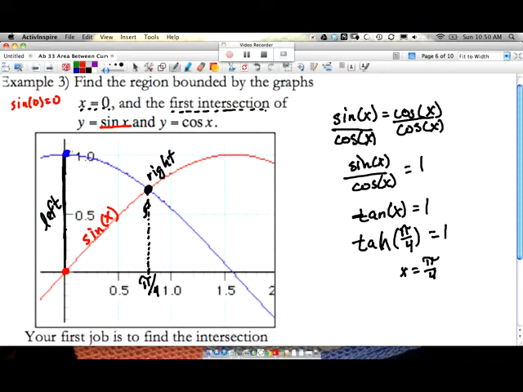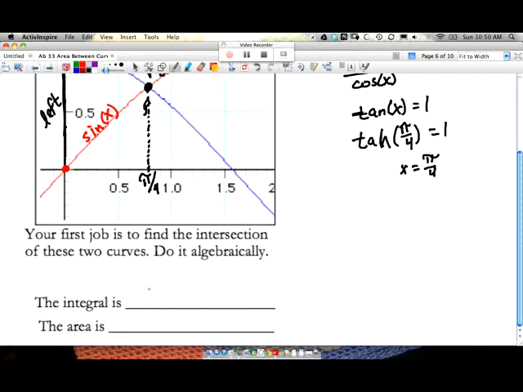Cosine of x, on the other hand, is this one up here. So that's our top. So when we set up the integral, we're going to have the integral from 0 to pi over 4, which we figured out, of cosine of x minus sine of x. Because remember, it's top minus bottom.